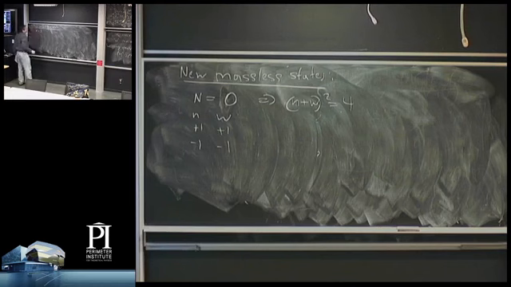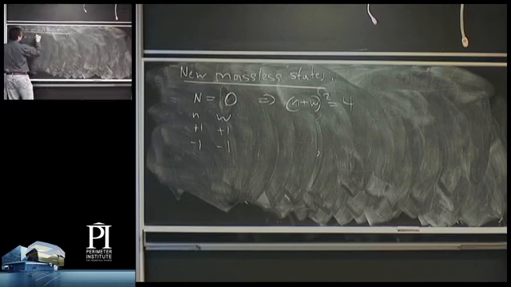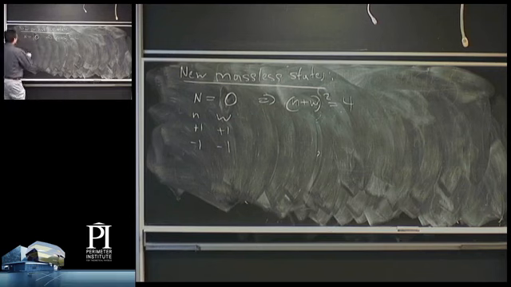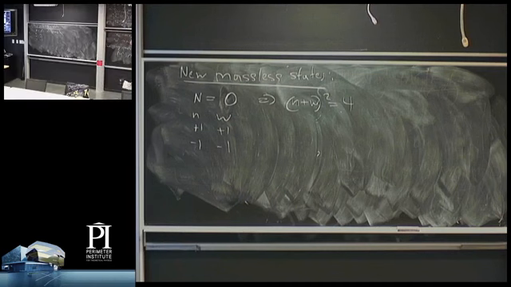So one, I can choose capital N equals 0, and then that tells me that (n plus omega) squared must be equal to 4. So the states that I have: n and omega are +1, +1, -1, and -1. So those are additional states in the spectrum of my compactified string theory that will end up massless.